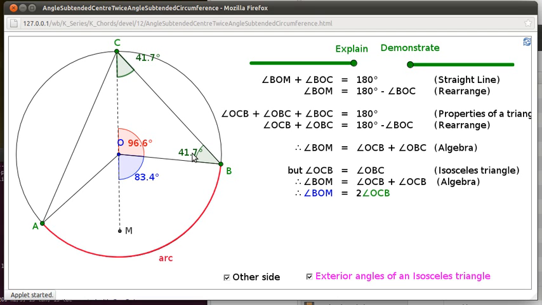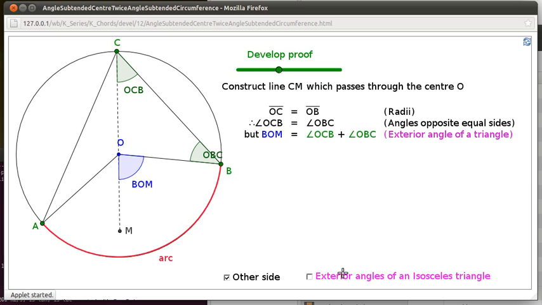So now that you understand the exterior angles of an isosceles triangle, you can go back to the original proof and you can just say that that angle is double that angle. And basically the rest of the proof says that that angle is the same as double that angle, and that angle is the same as double that angle, so this angle is going to be the same as double that angle.